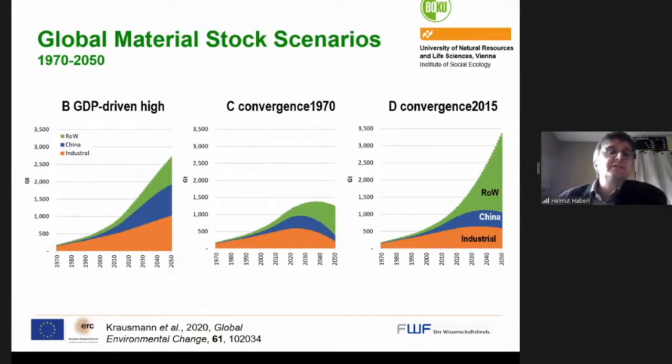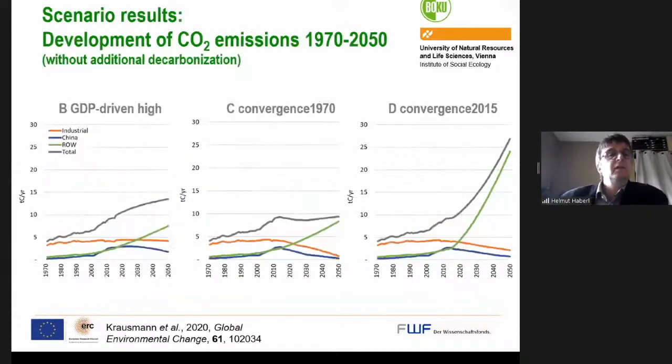And in scenario D, you see convergence at the 2015 level, and you see this is kind of proportional to the expected population growth. And you see the difference it makes in terms of regional distribution of material stocks. And here you see what it would mean in terms of CO2 emissions without additional decarbonization.